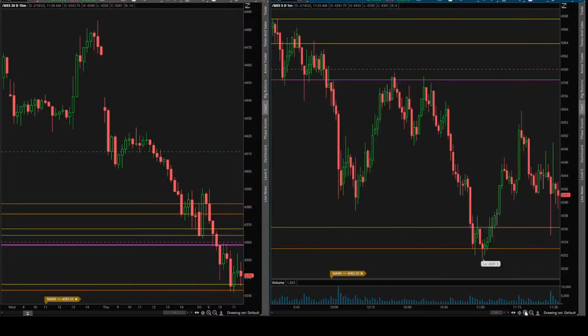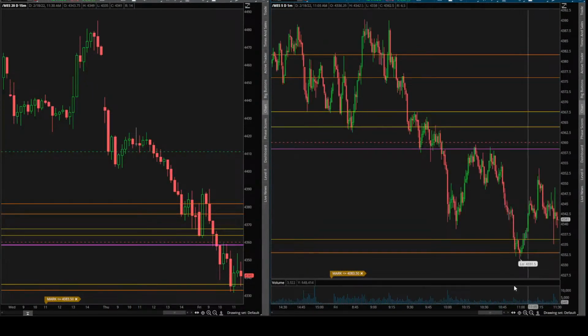All right, we got another minute left in the 5 minute. Not adding any right here. 5-minute looking good, kinda. We got 30 more seconds till it closes out.